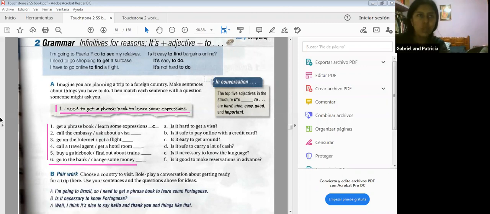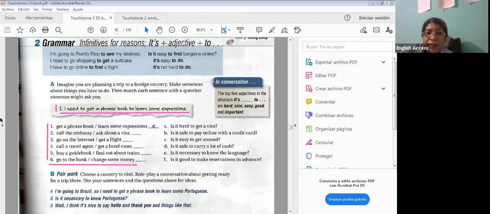I need to buy a guidebook to find out about times. Letter C. Is it easy to get around? And the last one, Diana, number six. I need to go to the bank to change some money. Letter D. Is it safe to carry a lot of cash?